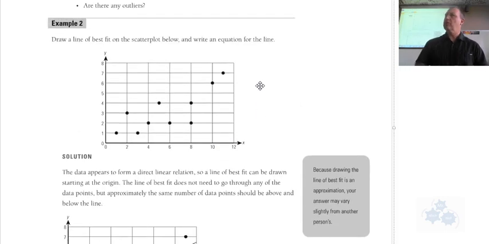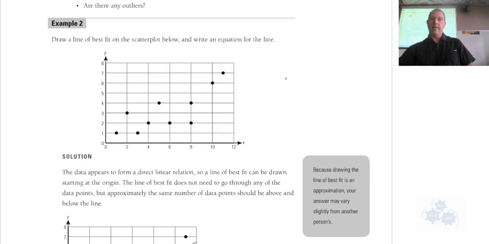Okay, so let's take a look at example 2. I'll leave that number 2 for you to do later. What about example 2? Draw a line of best fit on the scatter plot below and write an equation for the line. Ooh, we get to use 1.1 now. So you're going to have to remember 1.1, writing an equation. If it's a direct relationship, remember it's y equals what? What's the equation for a direct relationship?